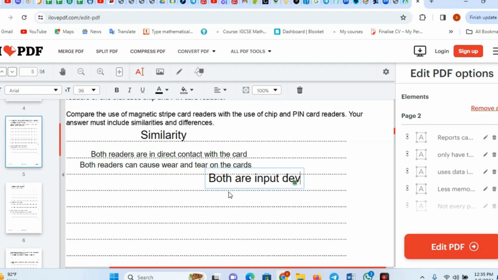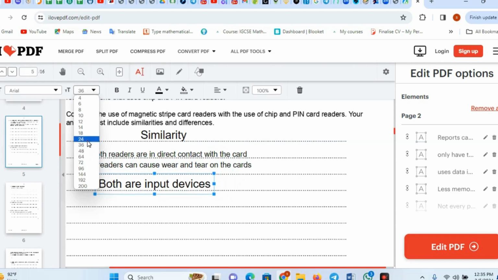That is anything that you use to enter records into another file or another system. So both cards are under input devices because you use them to input data. Do we all understand it?